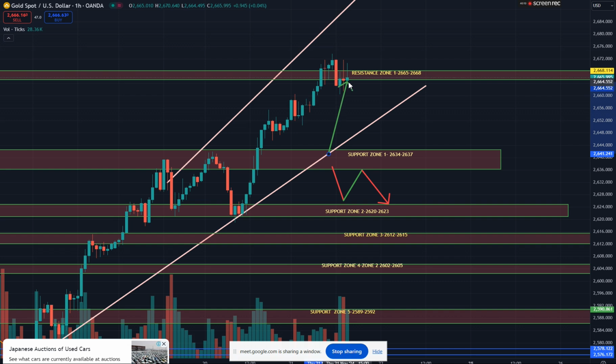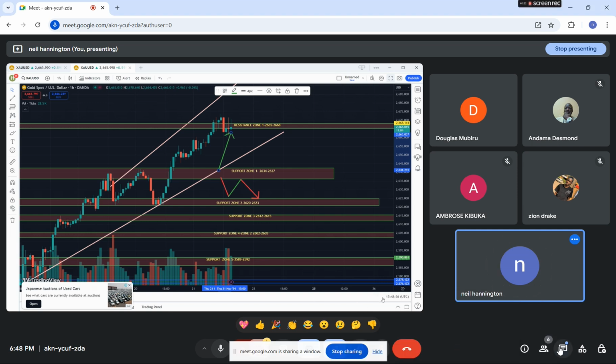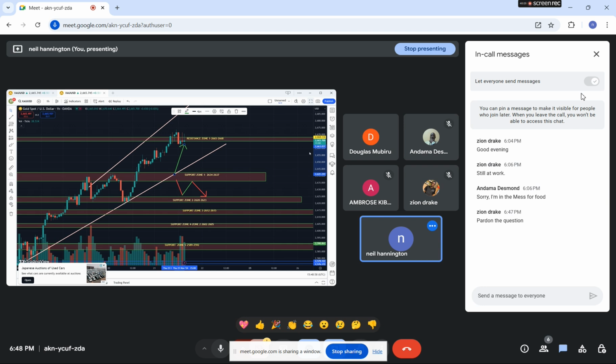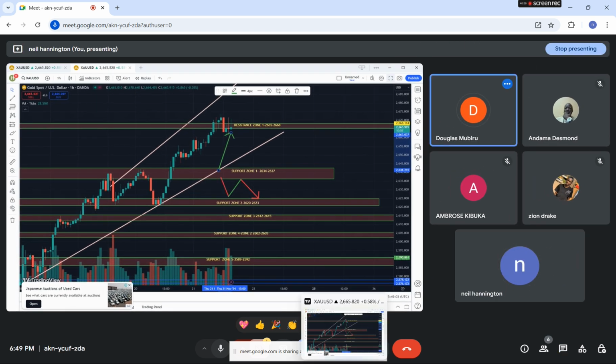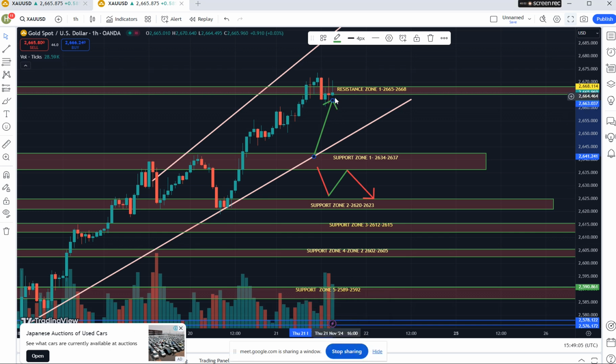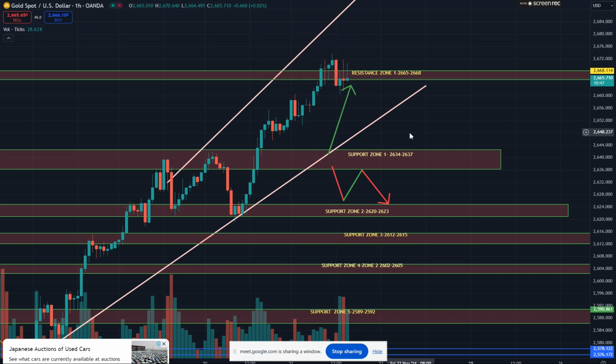What would we expect next? The market is on resistance. I'm waiting for your answer. We're trying to analyze this market together, and we can say that this market is on what? It is on the resistance zone.